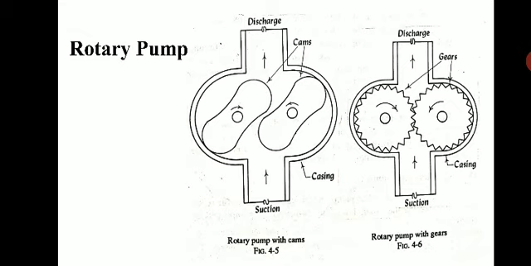Then it is self priming, so there is no need of separate priming for the pump. It does not require any valve, and its operation and maintenance are very easy and simple. So these are the advantages of the rotary type of pump.